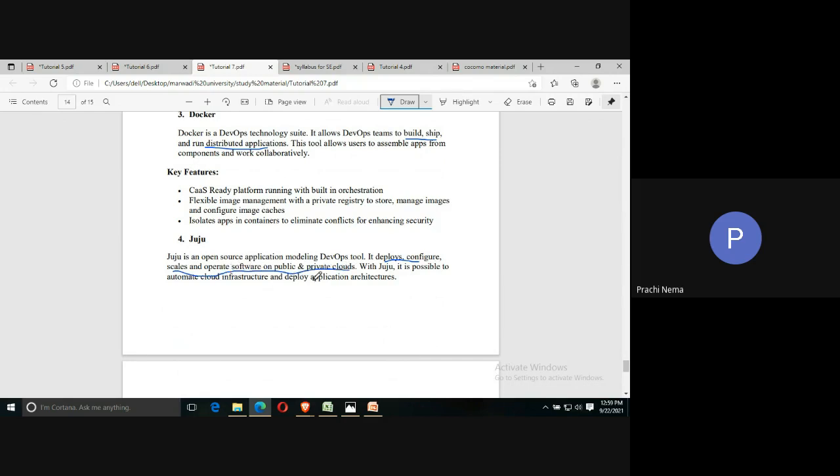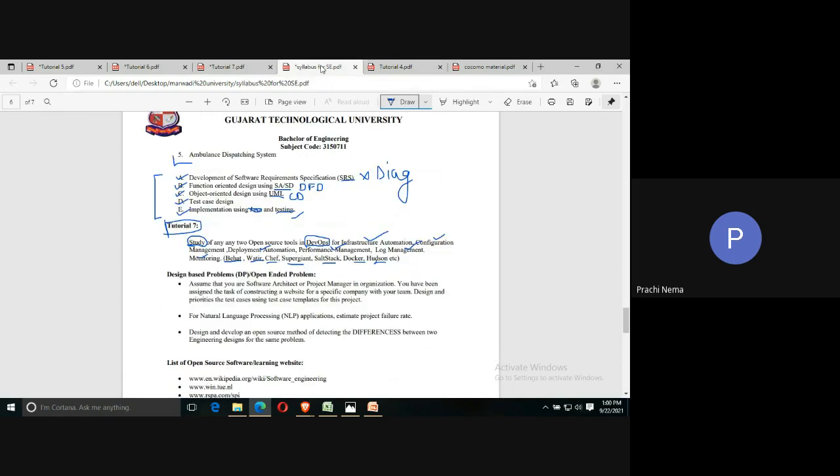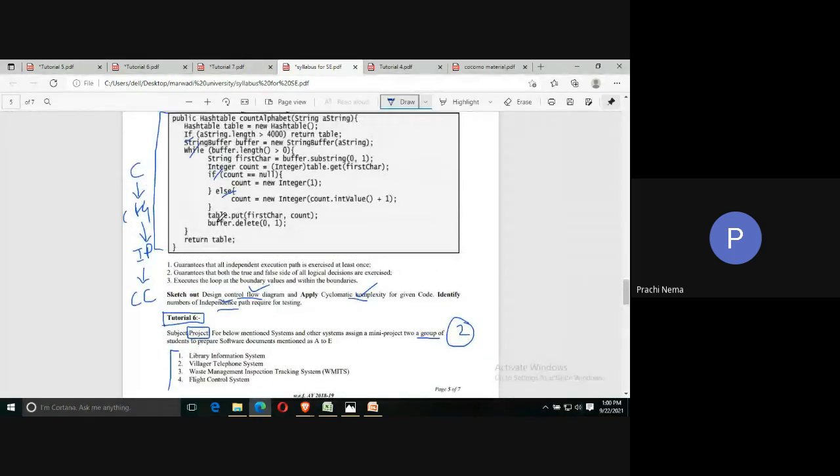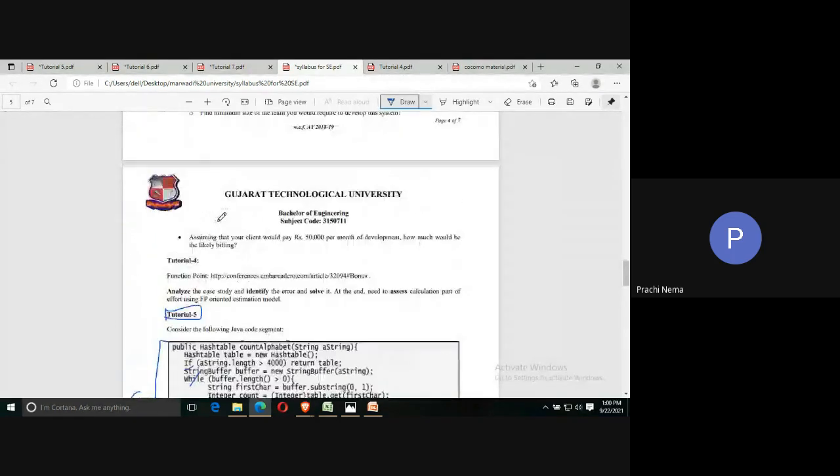So like that, there are many tools available which you can use with DevOps. Just pick any two tools and include the description of them and a proper case study in your tutorial number 7. So this is your tutorial 7 which you need to do.